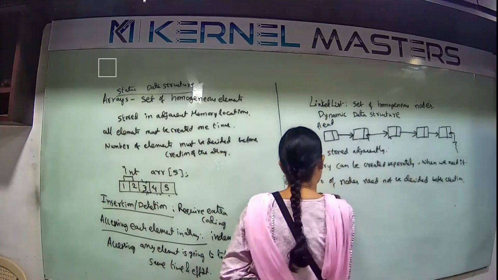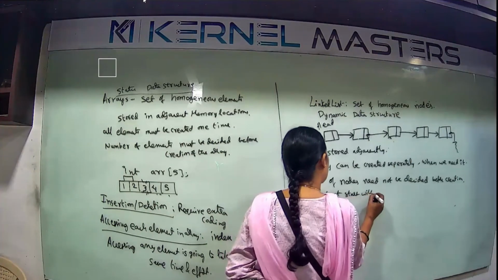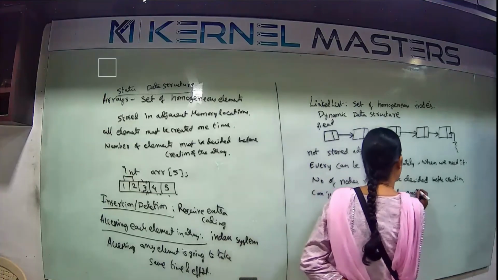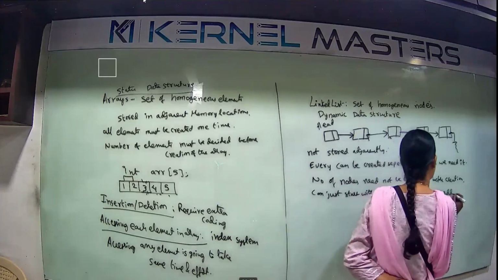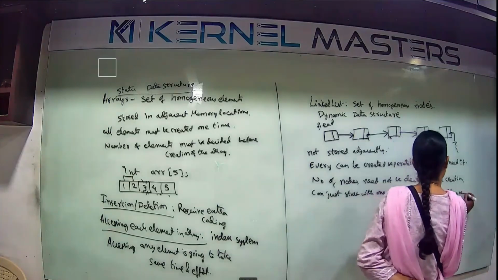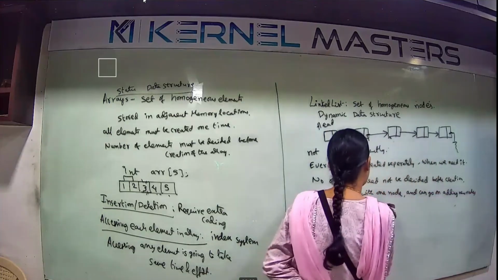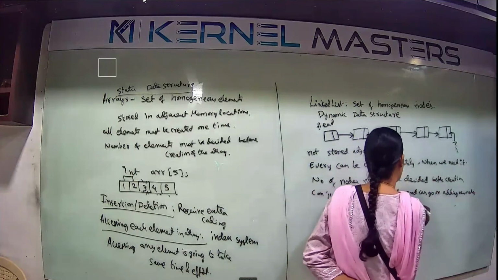You can just start with one node and can go on adding new nodes whenever required. That is why this is called a dynamic data structure.